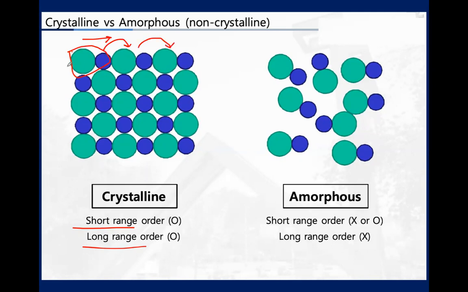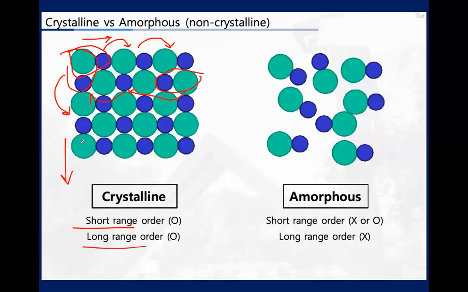In the same way you can find this unit repeating this way. If you continue it, you will see the same order, or otherwise you can take this unit and you can see it's repeating, right?